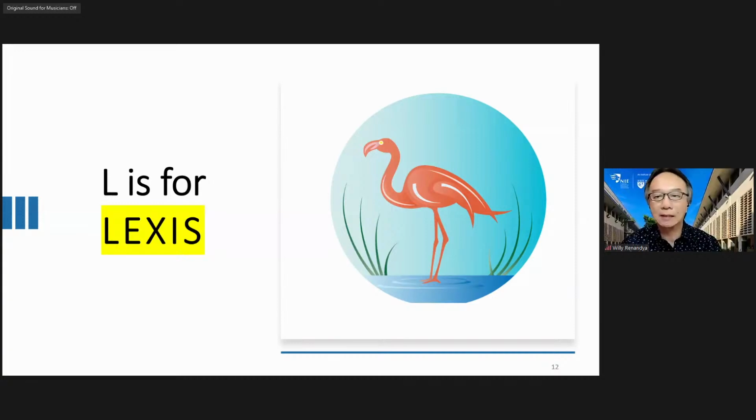What is Lexis? Can somebody give me another word for Lexis? Vocab. Exactly. Thank you. Lexis is just a fancy word for vocabulary, and vocabulary just means words. When you learn a new language, you need to accumulate, you need to acquire a lot of words.